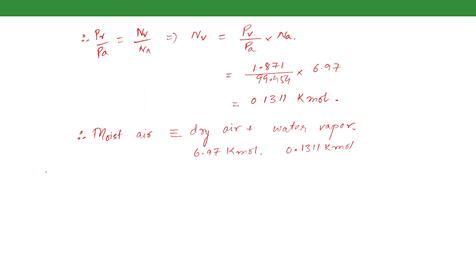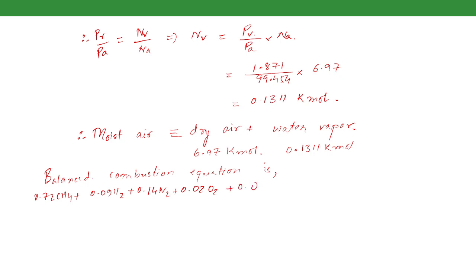Now therefore the balanced combustion equation will be 0.72 CH4 plus 0.09 hydrogen plus 0.14 nitrogen plus 0.02 oxygen plus 0.03 carbon dioxide plus 1.465 oxygen plus 3.76 nitrogen plus 0.1311 water.